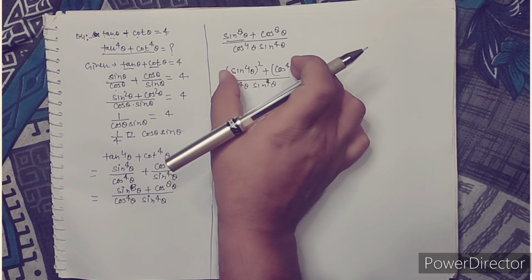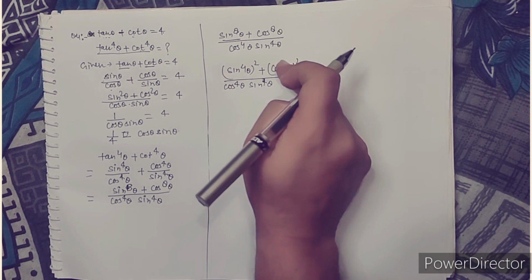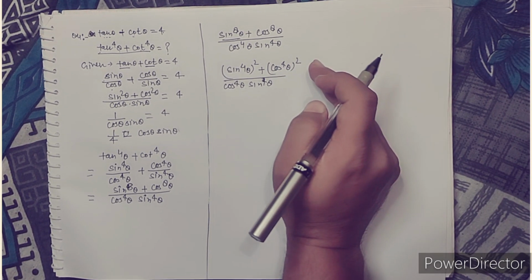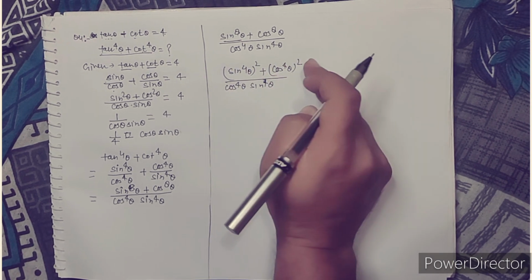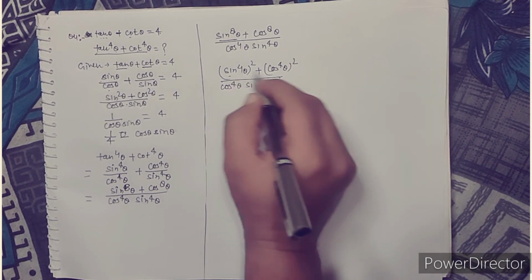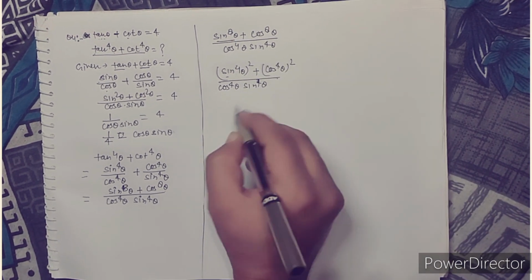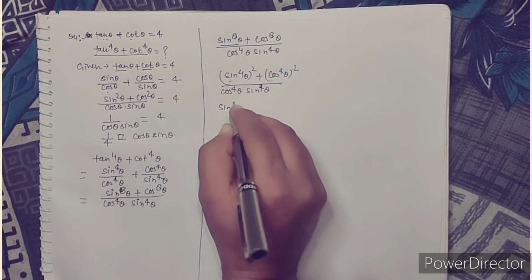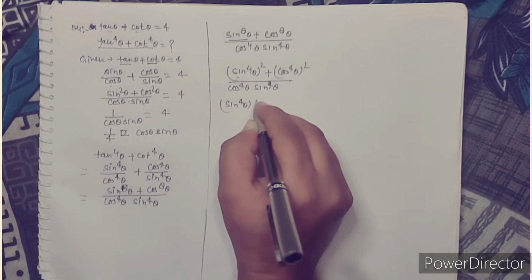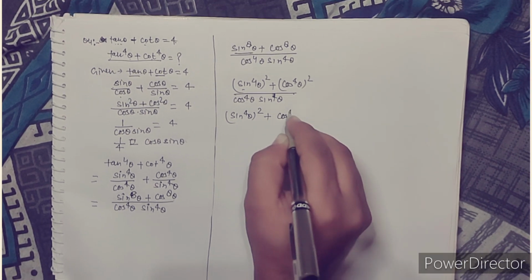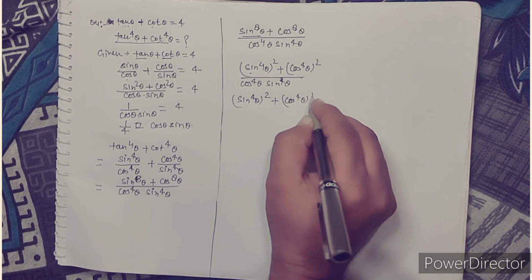Now we will convert this in the form of a square plus b square into a square plus b square plus 2ab. We have to convert this in the form of a plus b whole square. So we have to write this sin to the power 4 theta whole square plus cos to the power 4 theta whole square.